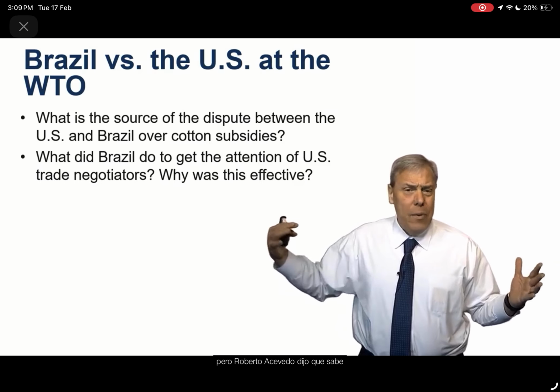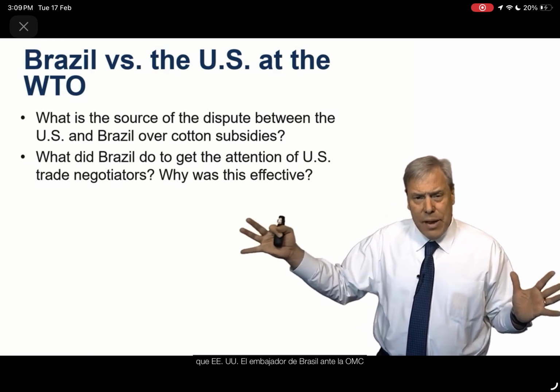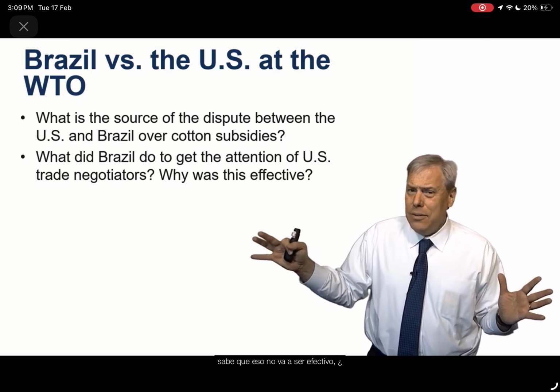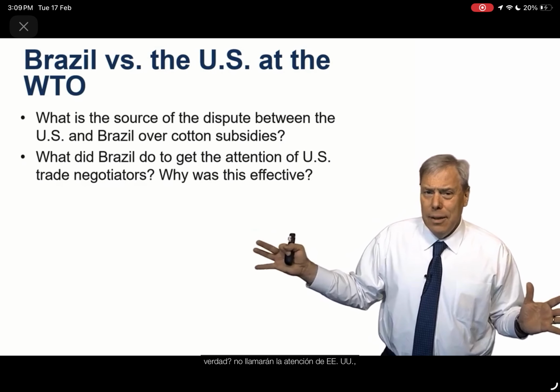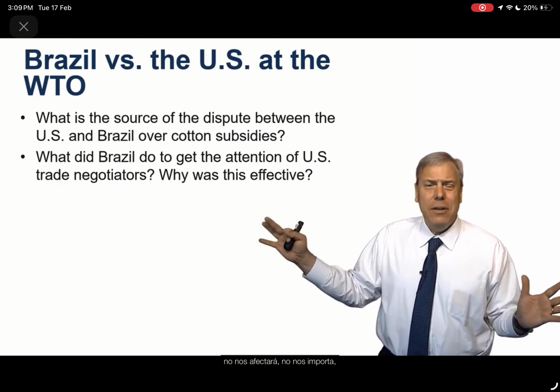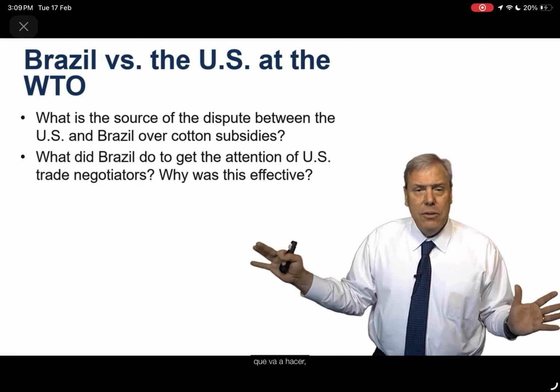But Roberto Azevedo, the Brazilian ambassador to the WTO at the time, said that's not going to be effective. That won't get the U.S.'s attention. They'll just scoff. They'll say that won't affect us, we don't care. Go ahead, Brazil, retaliate if that's all you're going to do.